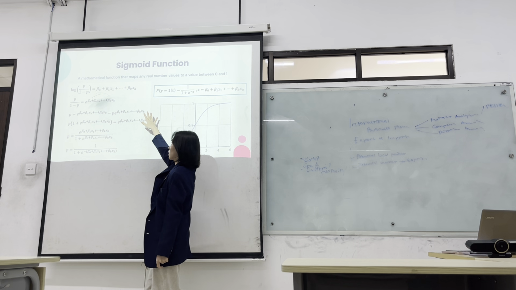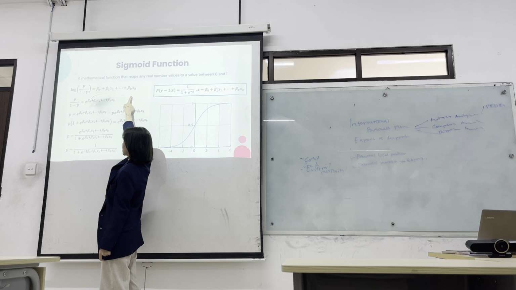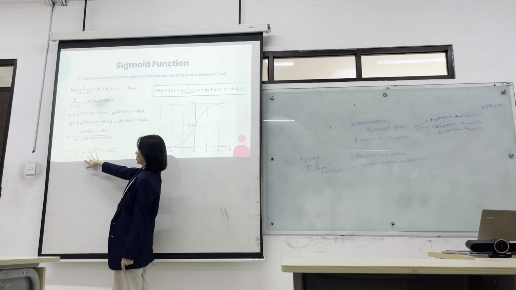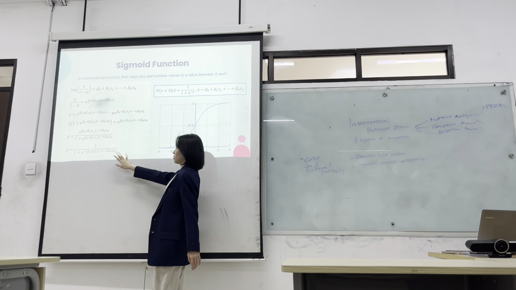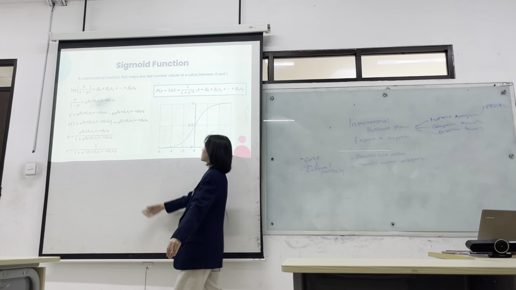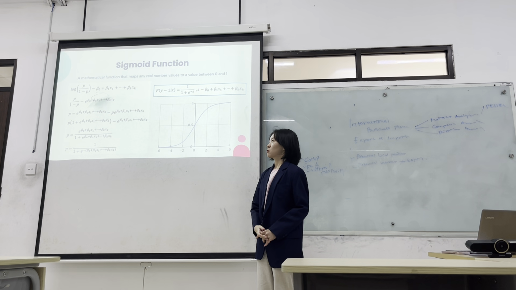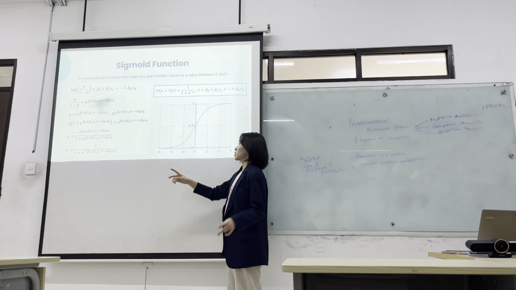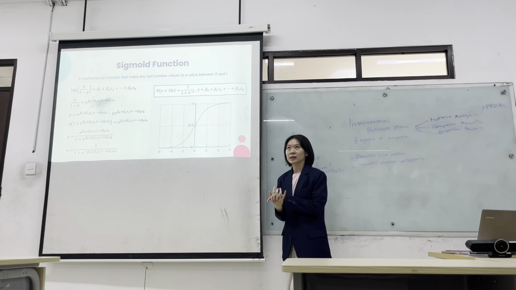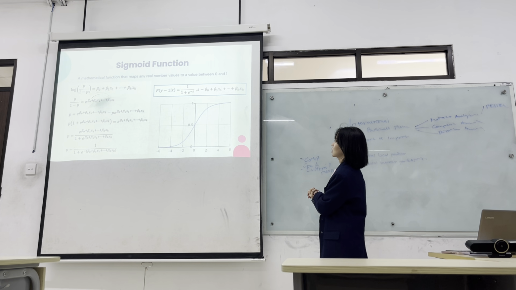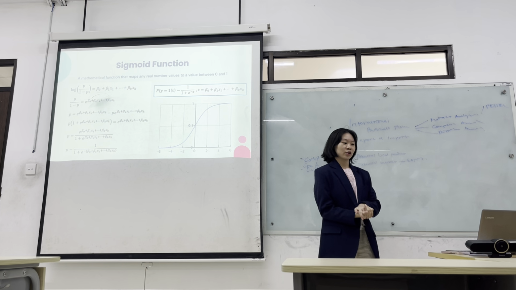So if we derive from the logit function, we can get P, which is the probability of y equals 1, given by this formula. And in general, if we want to make it shorter, we use z, where z is equal to the linear regression. So yeah, this is for the sigmoid function.